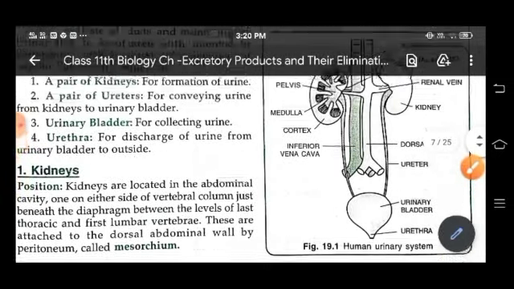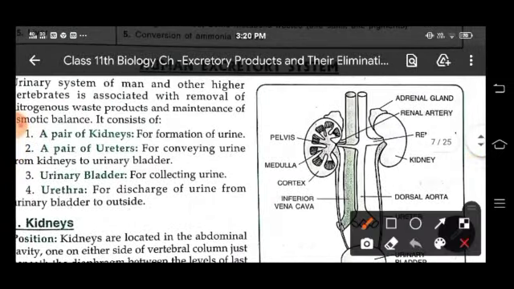So here is the human urinary system. Here is one pair of kidneys. The adrenal glands are the hormonal glands placed on top of the kidney. The renal vein brings blood from the kidneys, and the renal artery brings blood from other parts to the kidney.